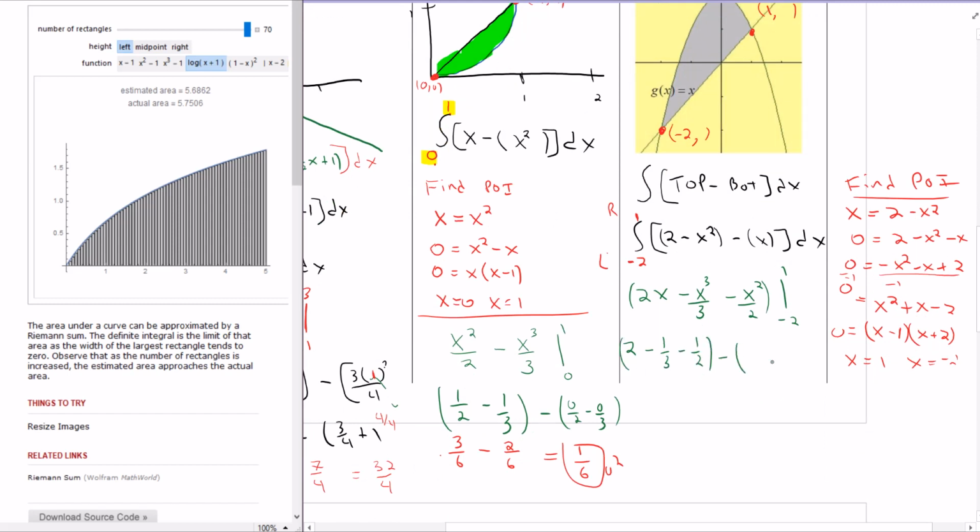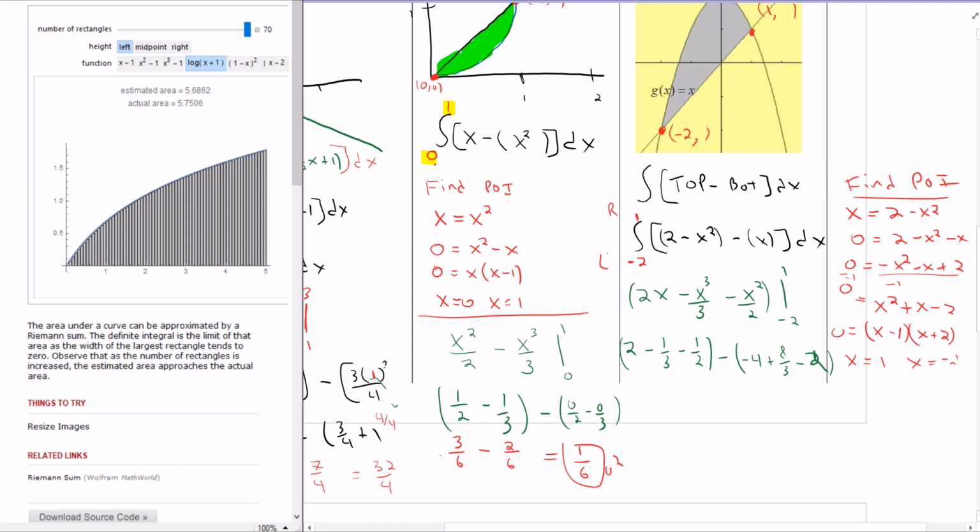And then subtracting, what happens when we plug in -2? This is going to become -4. -2 cubed is -8, so this is going to be positive 8/3. -2 squared is 4, so this is going to be -4/2, which is the same as 2.